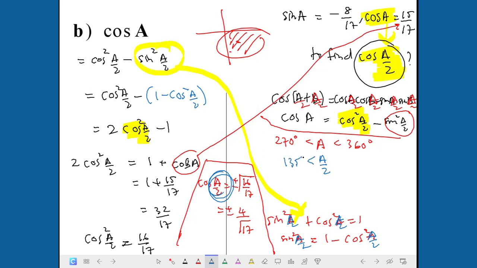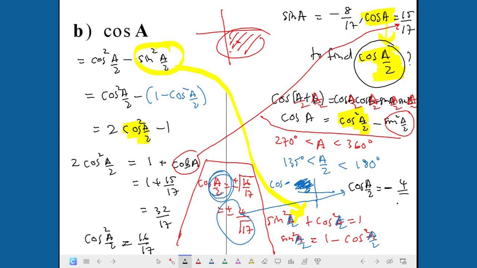So 135 to 180. This means A over 2 lies between 135 degrees and 180 degrees, in the second quadrant. Cos in the second quadrant is negative, so choose the negative answer. So cos A over 2 is equal to negative 4 over 17.